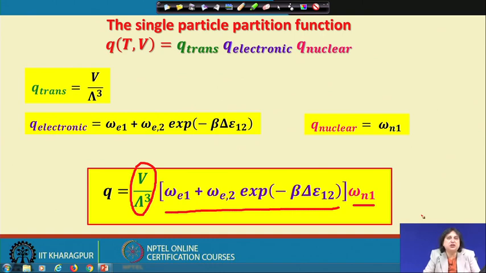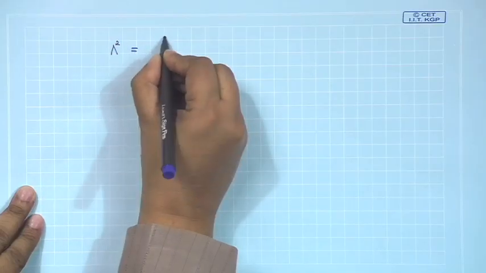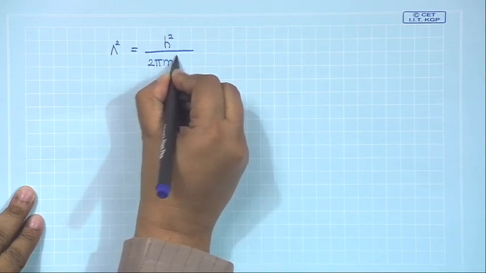Now, with this expression, let us ask this question. This q is for a single particle, and is this a function of temperature? So, let us go back and look at where we could have the contribution of temperature. Yes, lambda is a function of temperature, because by definition lambda square is equal to h square divided by 2 pi m kT.